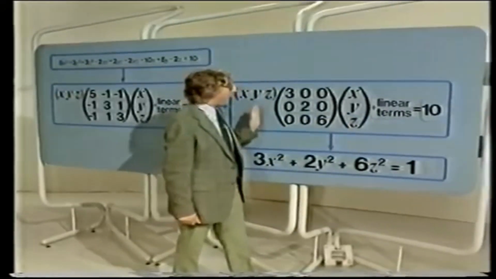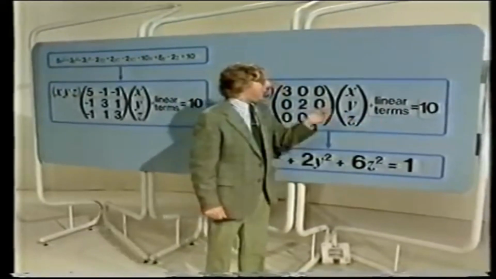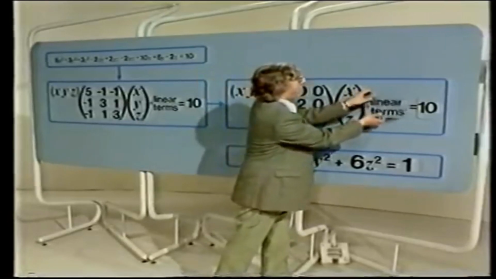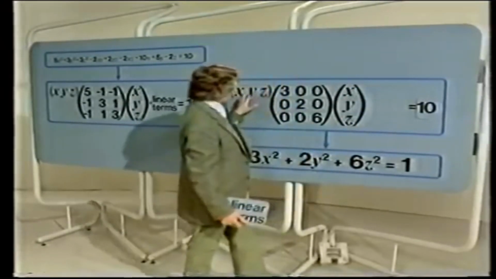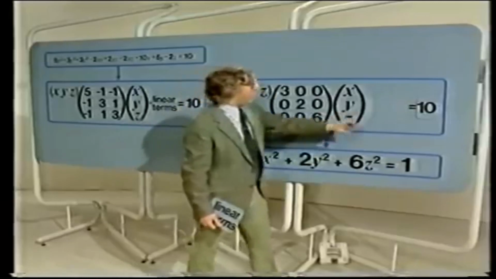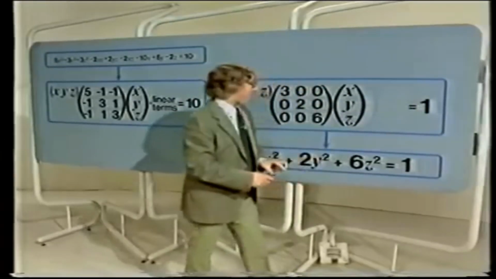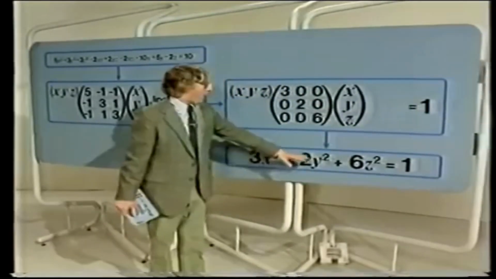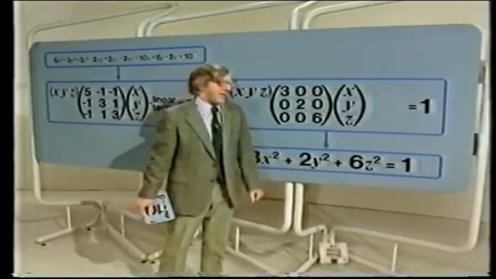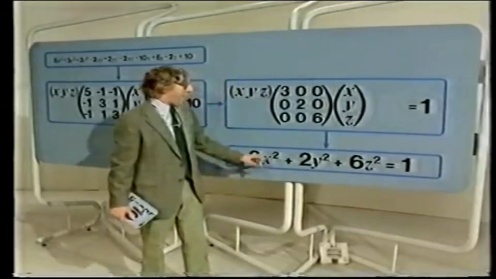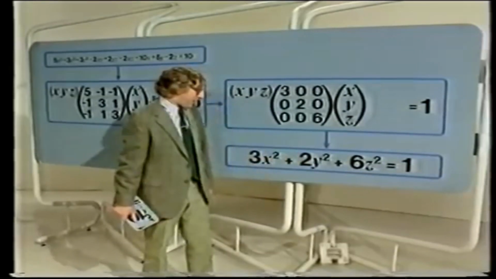And then what we can do is we can translate, that's what we did the second bit, and we can lose the linear terms. Don't forget, that won't change these coefficients here, but it will change the constant. And then we can rewrite the equation in this nice, simple, standard form. Of course, the x, y, and z now refer to the new axes.